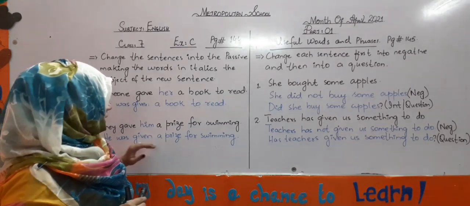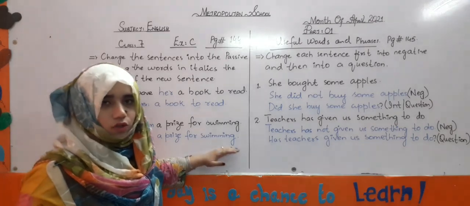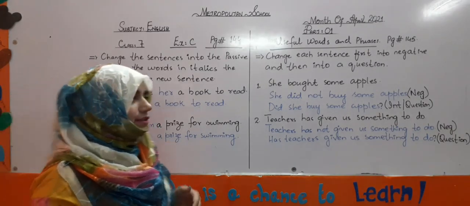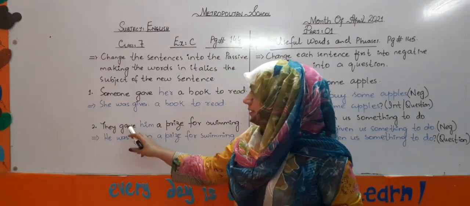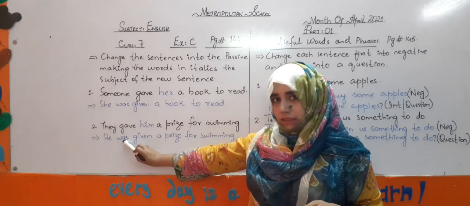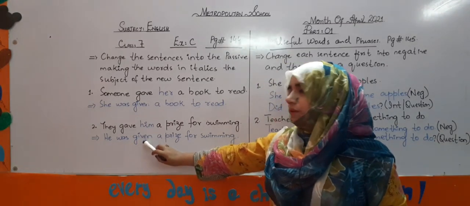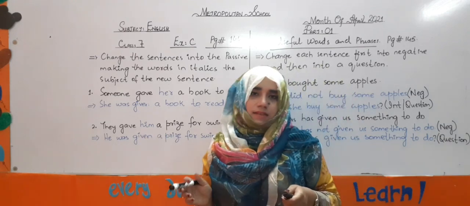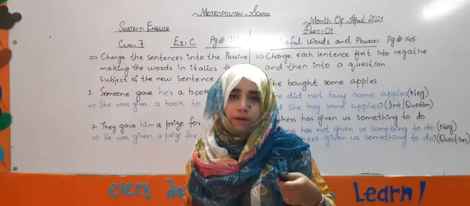He was given a prize for swimming, right my dear students? Similarly, the tense is past simple tense, and we are using the helping verb of past continuous tense along with the third form of the verb. This is how this exercise is to be done in your grammar copy.